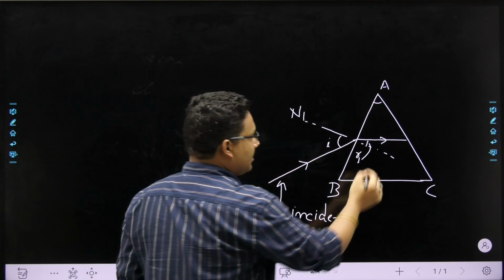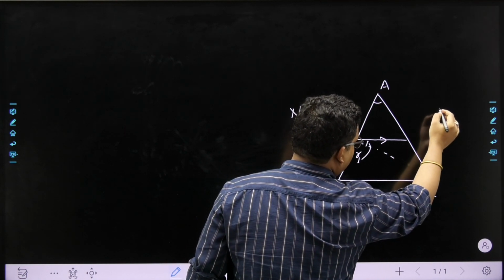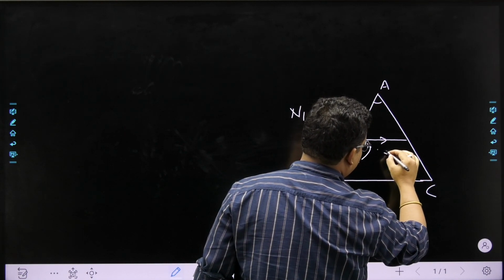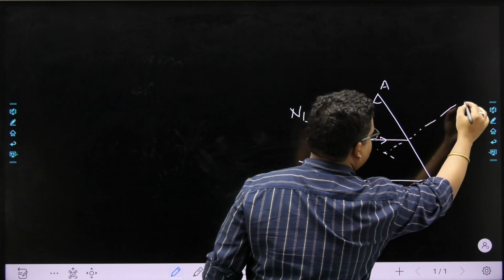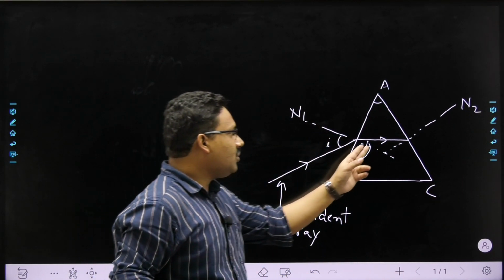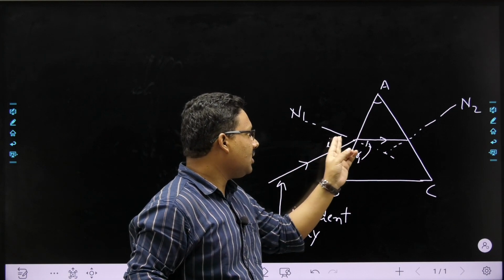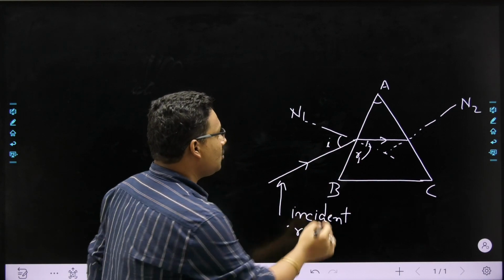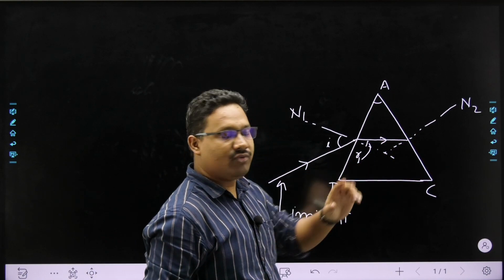Now, what will happen at this surface AC? Again we draw a normal at this point, say N2. In the case of rarer to denser, the ray moves towards the normal, but in the case of denser to rarer, it moves away from the normal.